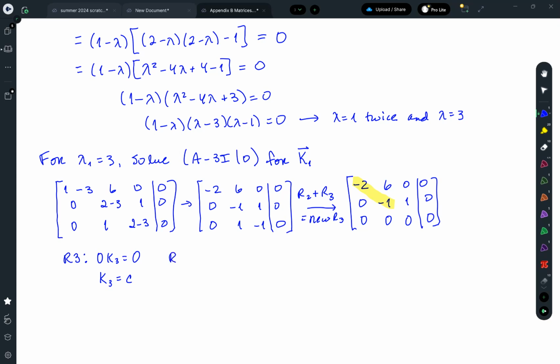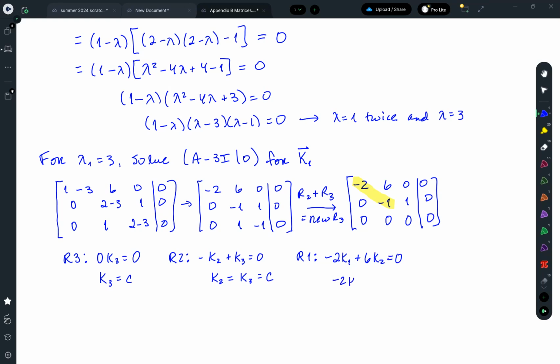Row 2 is saying negative k2 plus k3 is 0, or in other words, k2 is equal to k3. But k3 is equal to c, so k2 is equal to c as well. Row 1 is saying negative 2k1 plus 6k2 is equal to 0.